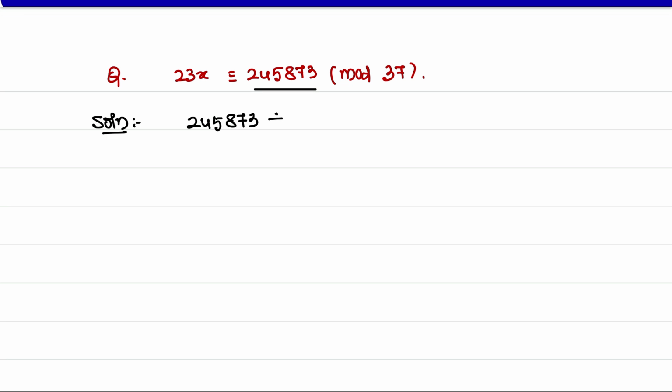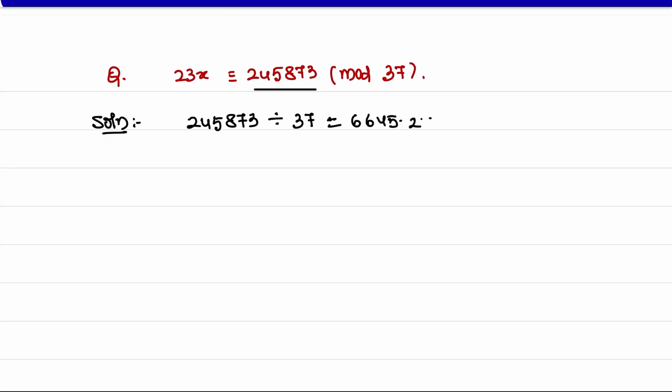When 245873 is divided by 37, what will be its value? This can be done very easily without a calculator. It is around 6645 point something, 0.2 and something.